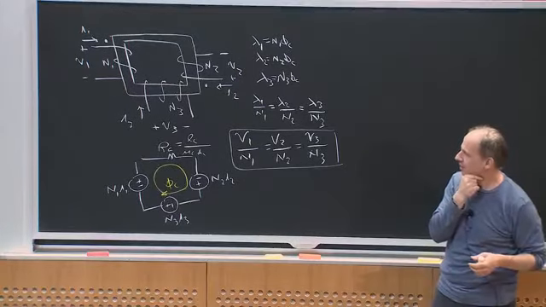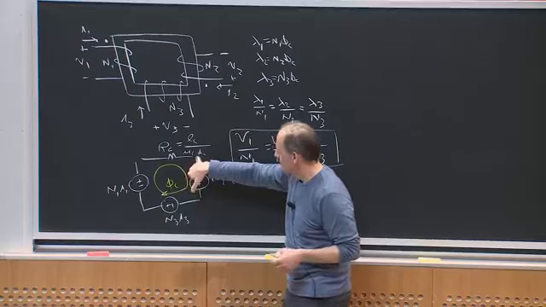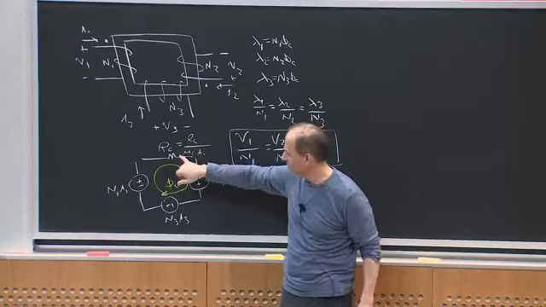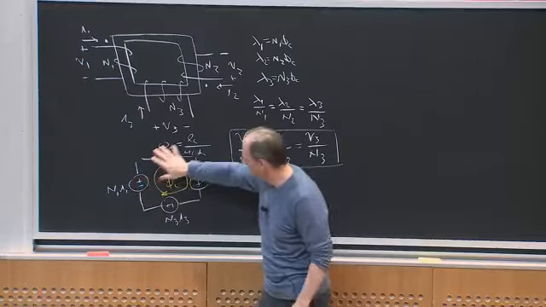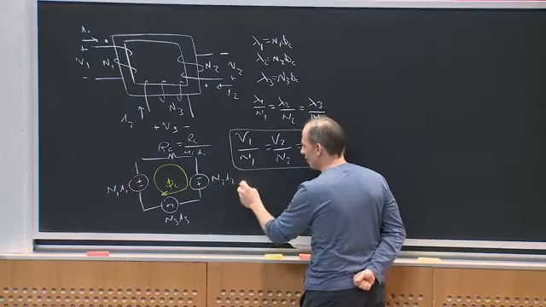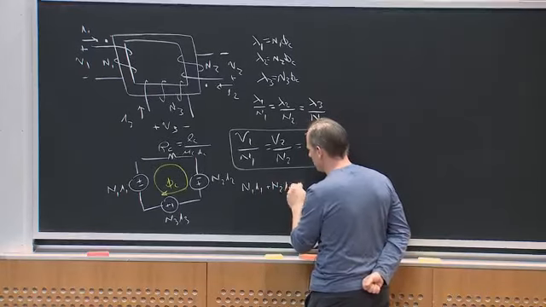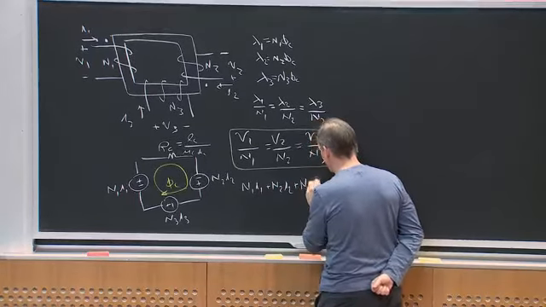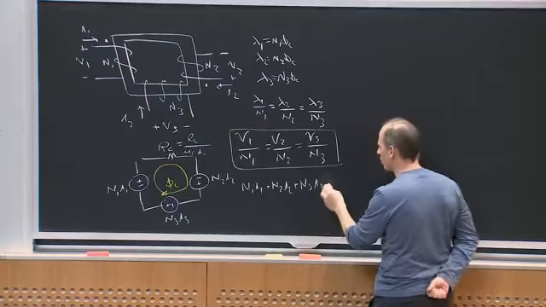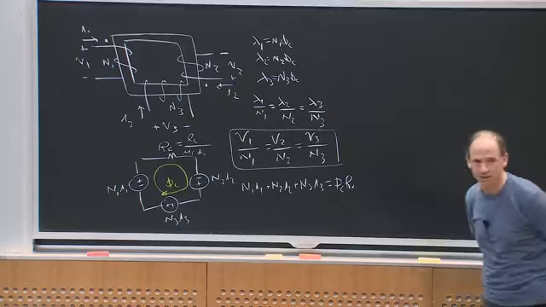Well, let me just do magnetic circuit KVL around this loop. What I get is N1 I1 plus N2 I2 plus N3 I3, that's the sum of these voltages, must equal phi core R core. Everybody buy that?